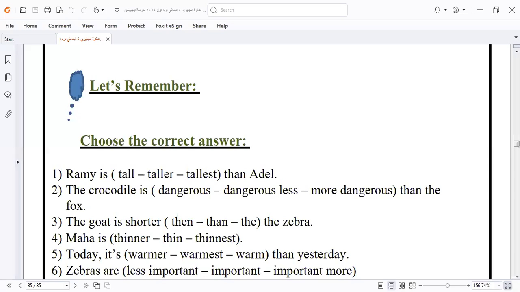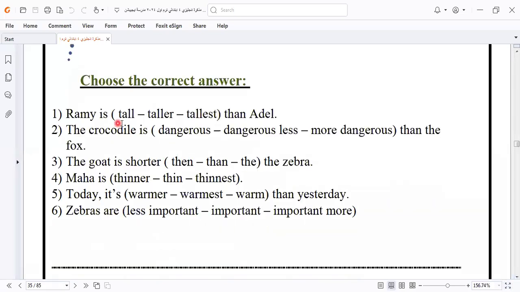Here we have: Rami is taller, the tallest. As we explained in the previous slide, tallest must be followed by the. Okay, the tallest. We do not say tallest without the.